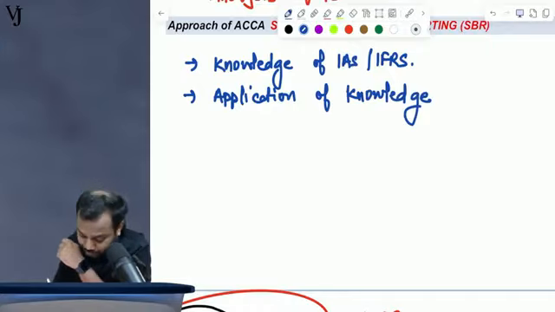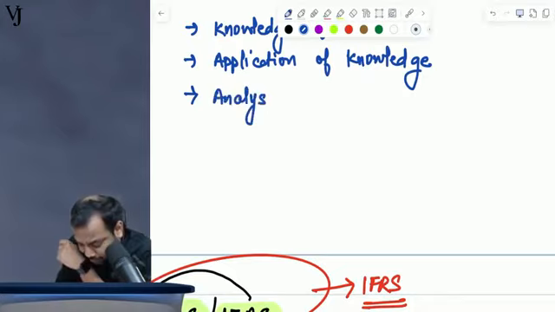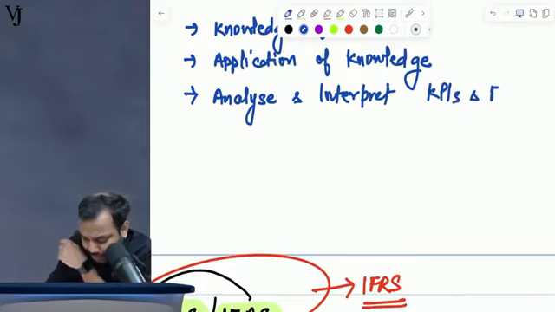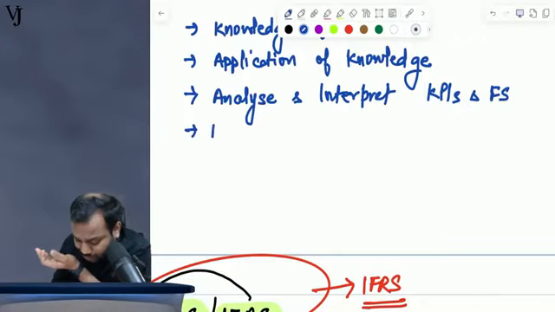Thirdly, you should have the ability to analyze and interpret KPIs and financial statements. It is also expected that you see things from an ethics point of view.